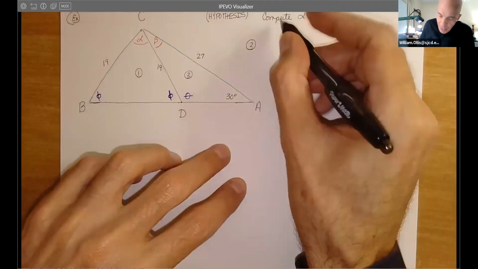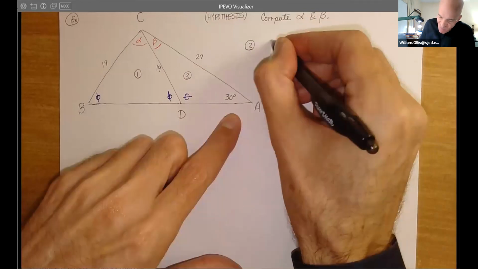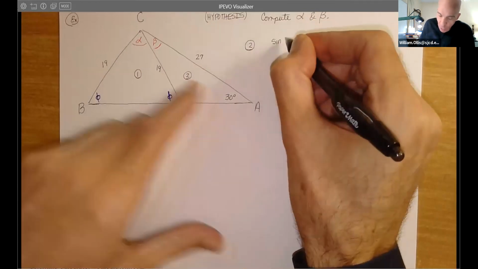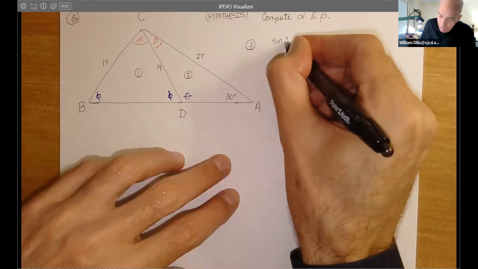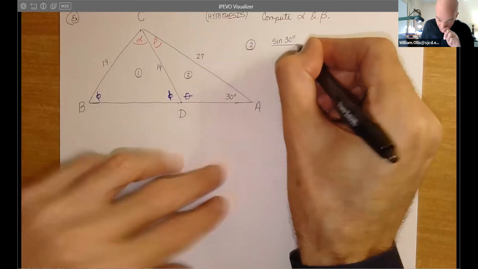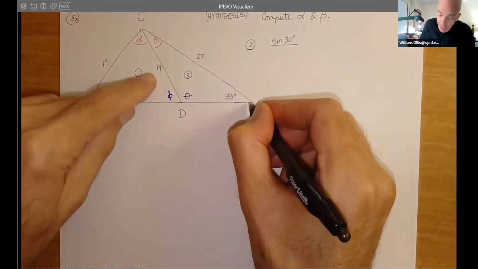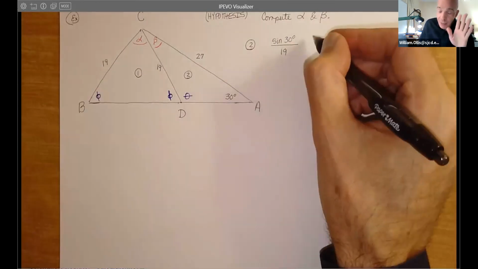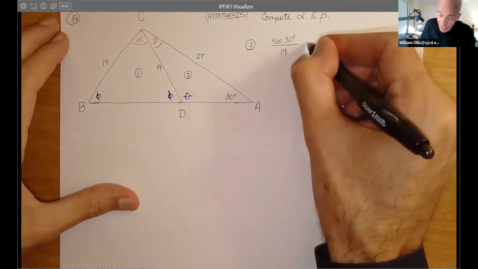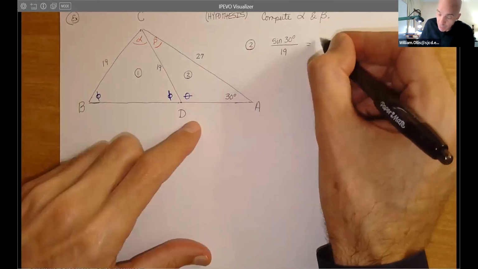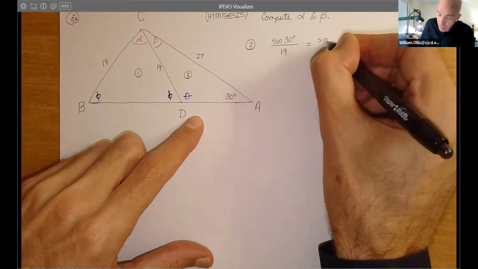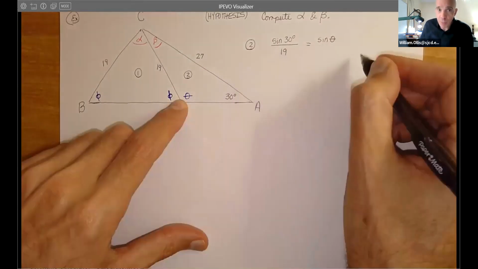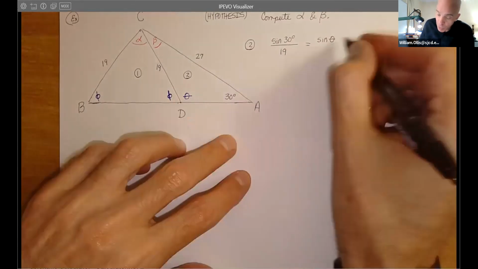So now we see that we have sine of 30 degrees, picking on A and its opposite side, over 19. Oh, good, a nice angle, 30 degrees. It's like WebAssign is being too kind to us. And then we have sine of theta, with opposite side 27.